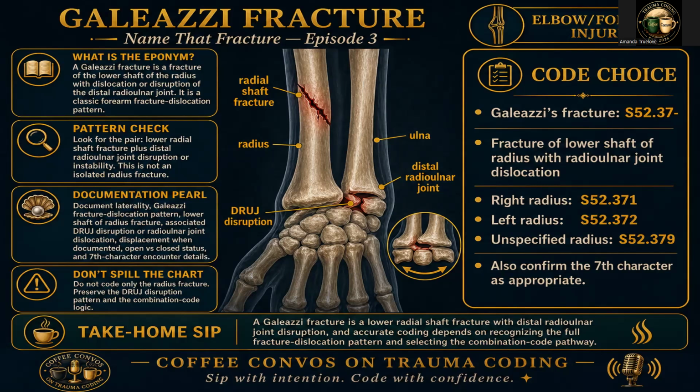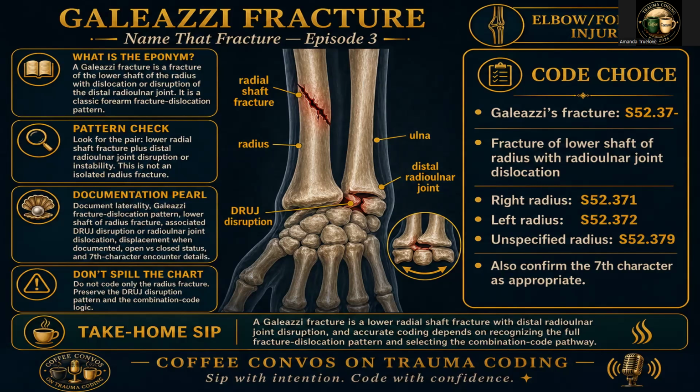Another is people hear or read Galeazzi and just assume the eponym alone is enough, and they don't even bother confirming how the joint disruption is documented. You know, we need to make sure that it's associated with the fracture and that they're not two separate. So we all make mistakes.